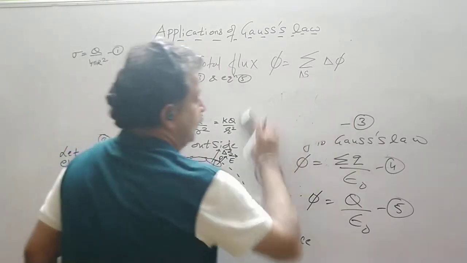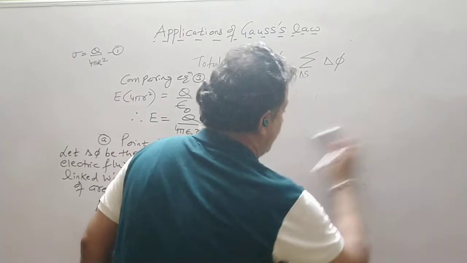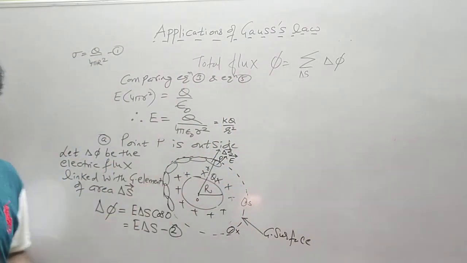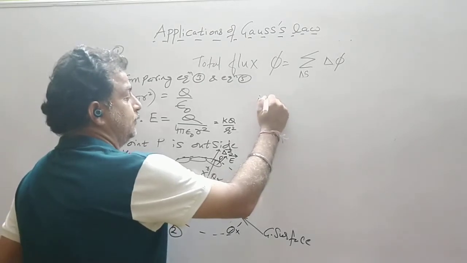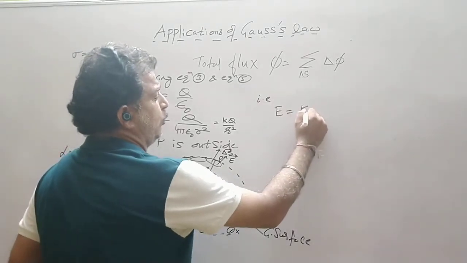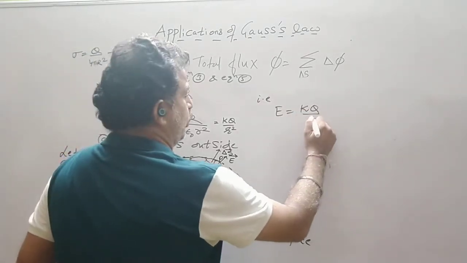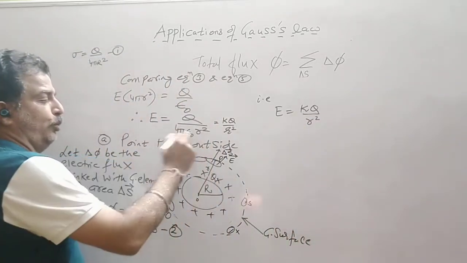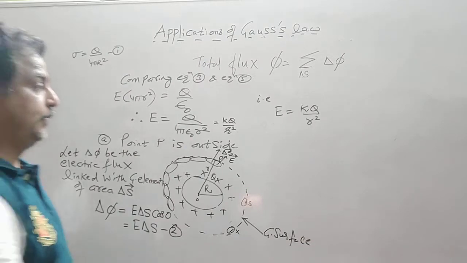So this is the electric field intensity outside the spherical shell. That is, E is equal to KQ upon r square, or it is Q upon 4 pi epsilon naught r square.